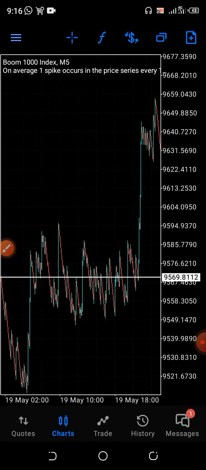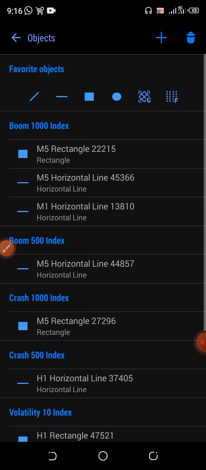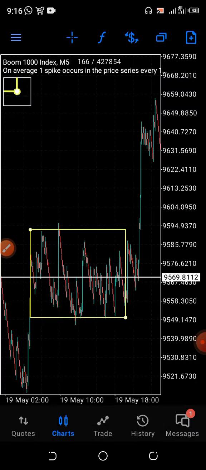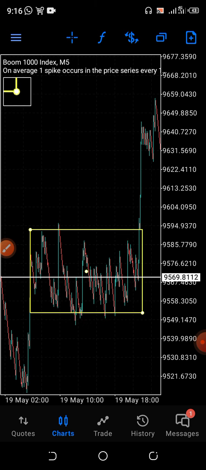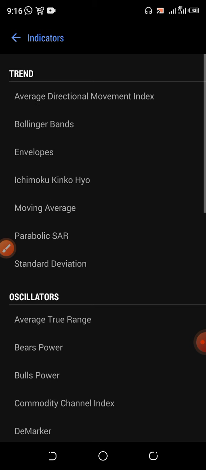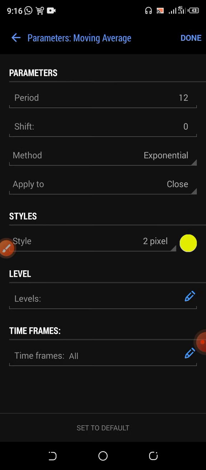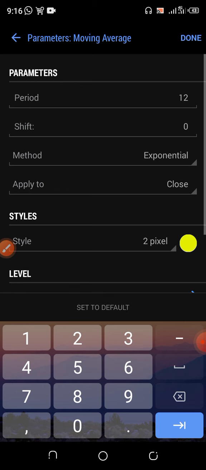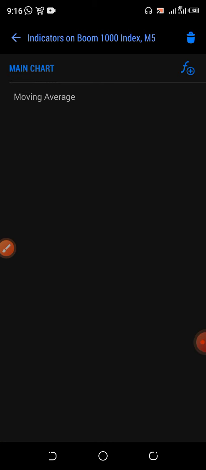Okay, let's just watch something like this and see how we can use it. Look at here. All right, now let me add those indicators that we'll be using. The first indicator we'll be adding is moving average 9, exponential.